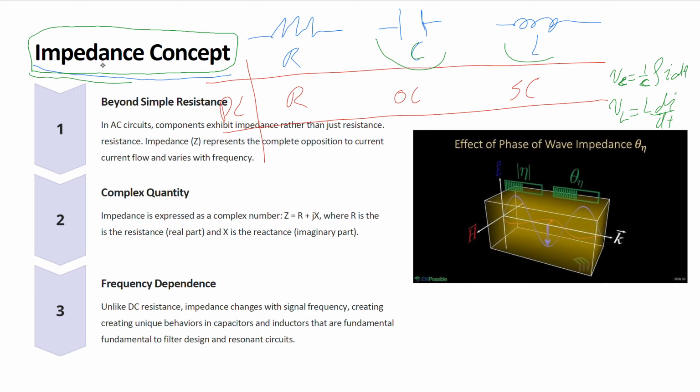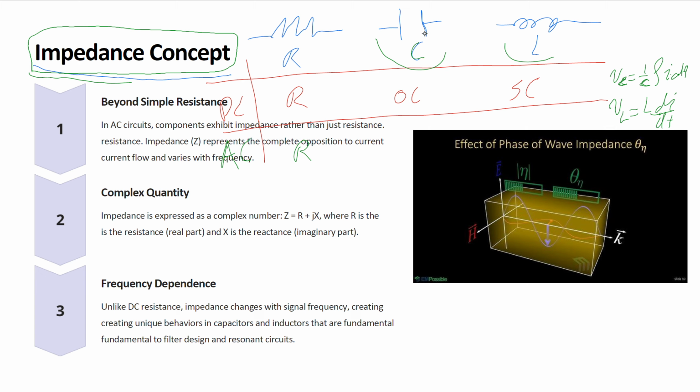We consider the impedance as the phasor domain representation of these three components. So when we talk about the AC signal, we are going to use the impedance of these components. The impedance of the resistance is going to be the same value because it doesn't have differential-integral time variation characteristics in it.